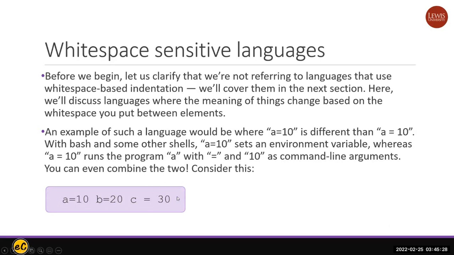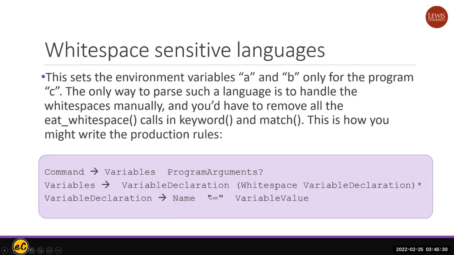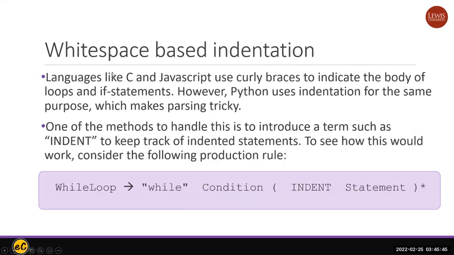So some languages are different like that. In that case, you need to design your rules for commands, keywords and argument lists in a clearer way. Then white space based indentation.